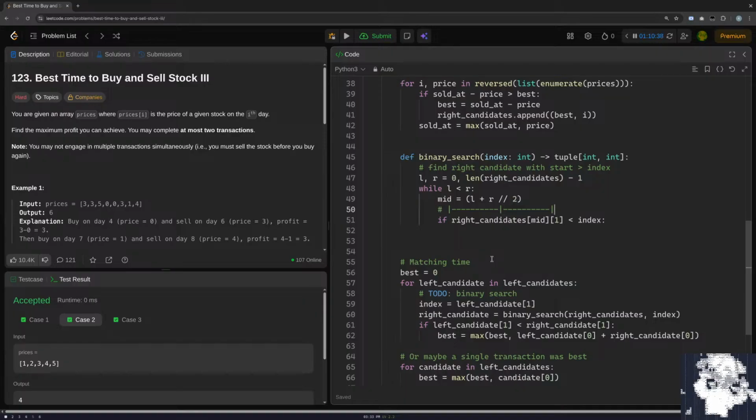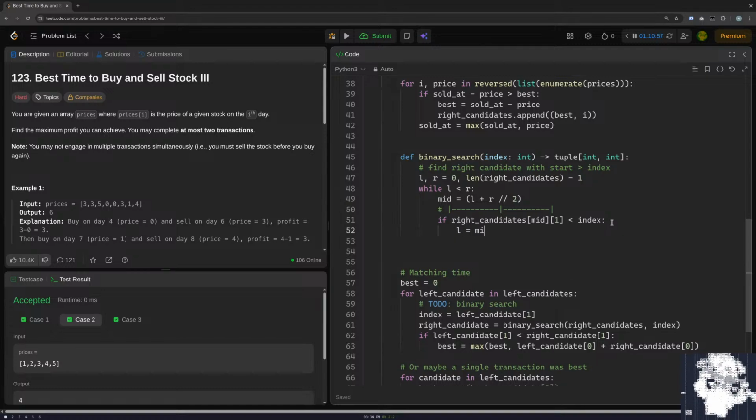I'm trying to find the first one whose index is greater than index. So if the thing I found is less than index, then the thing I'm looking for is on the right side.